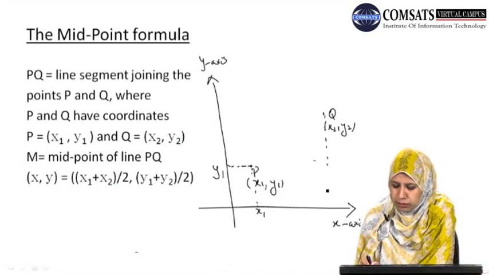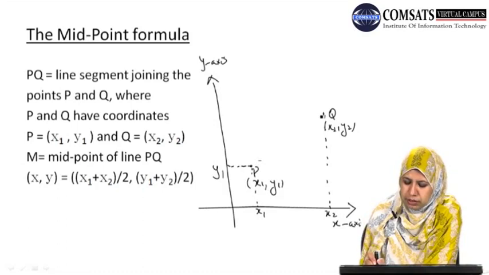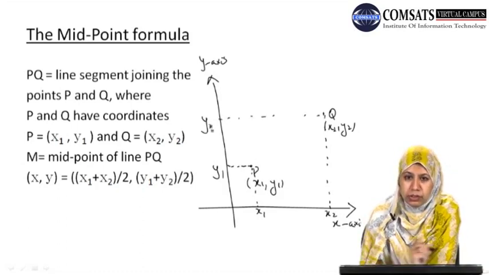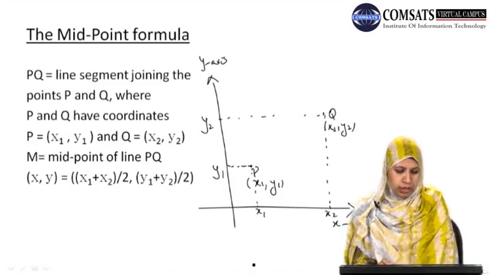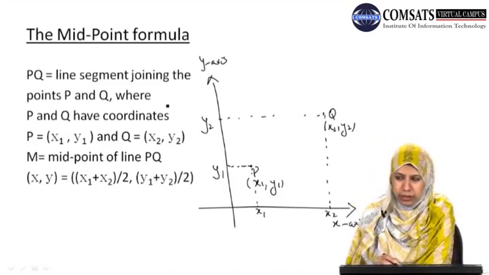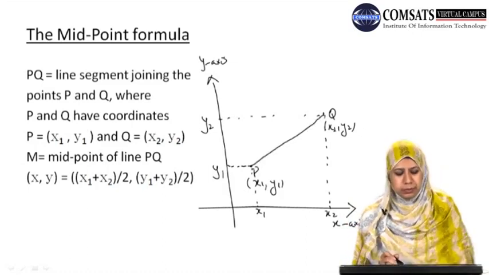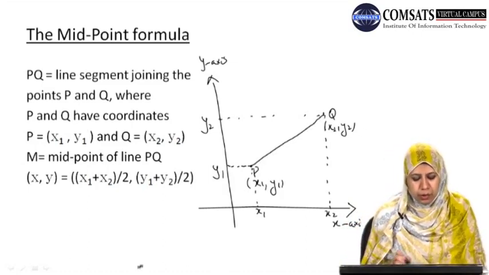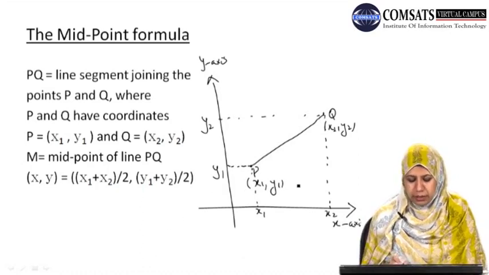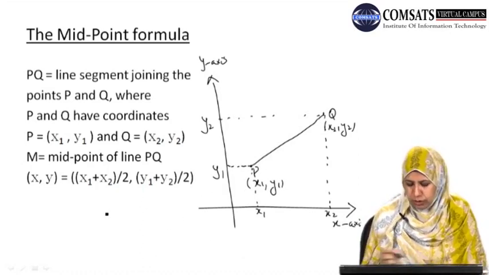So similarly, this is point x2 on the x-axis and this is point y2 on the y-axis. And PQ is the line segment joining these points P and Q. That is, we have this line. And we want to find the midpoint of this line PQ. Okay.